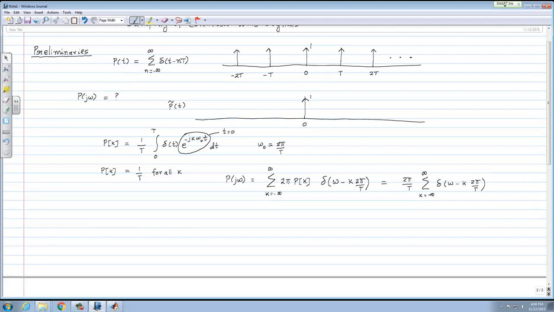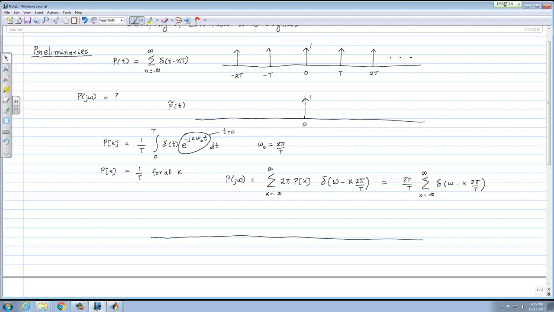Okay. So if I were to sketch this, how would this look? What kind of a signal is P of j omega? What did we say P of t was?